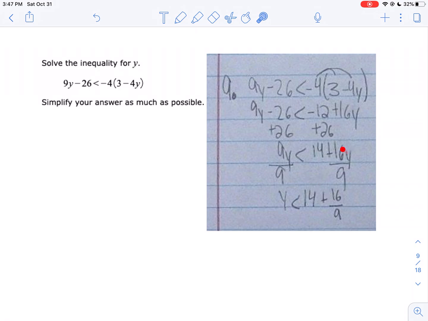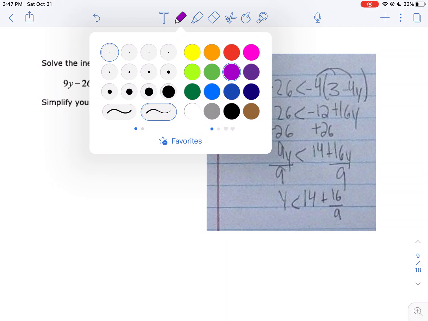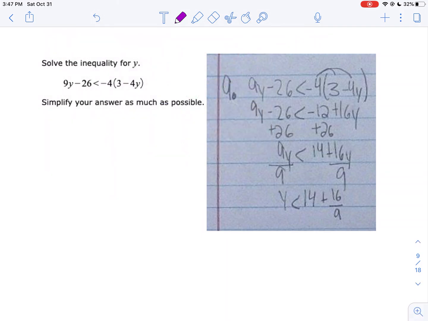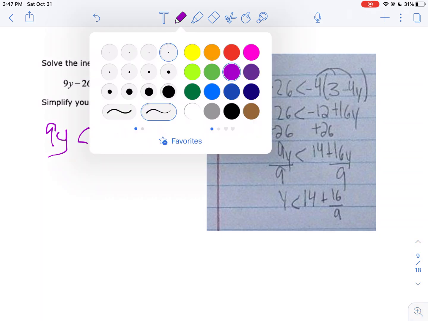Let's get all the variables on one side first. So I'm going to start with what you had correct. The last line that was correct was 9y is less than 14 plus 16y. Get all the variables on the same side first.